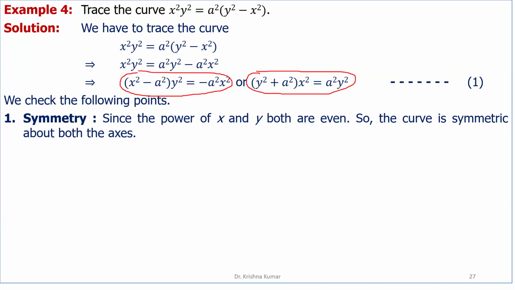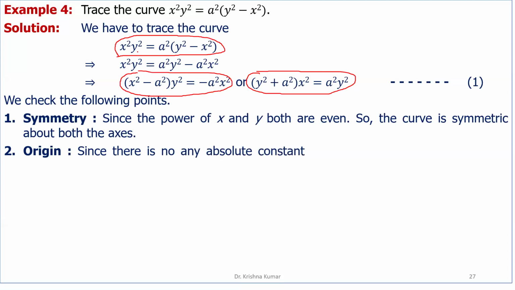So it is symmetric about x-axis as well as symmetric about y-axis. If we replace x by minus x or y by minus y, the equation of the curve will never change because the power of x and y both are even. So it is also symmetric about opposite quadrant, right? Which is not mentioned over here, but it is also symmetric about opposite quadrant.